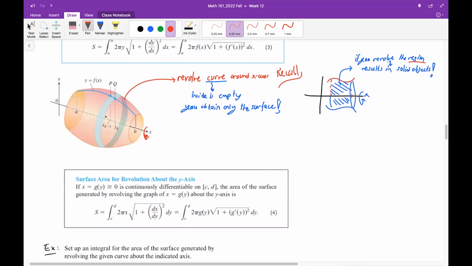Okay, so we want to compute the surface area of this surface of revolution. The idea is the following. You divide your surface into circular strips like this.